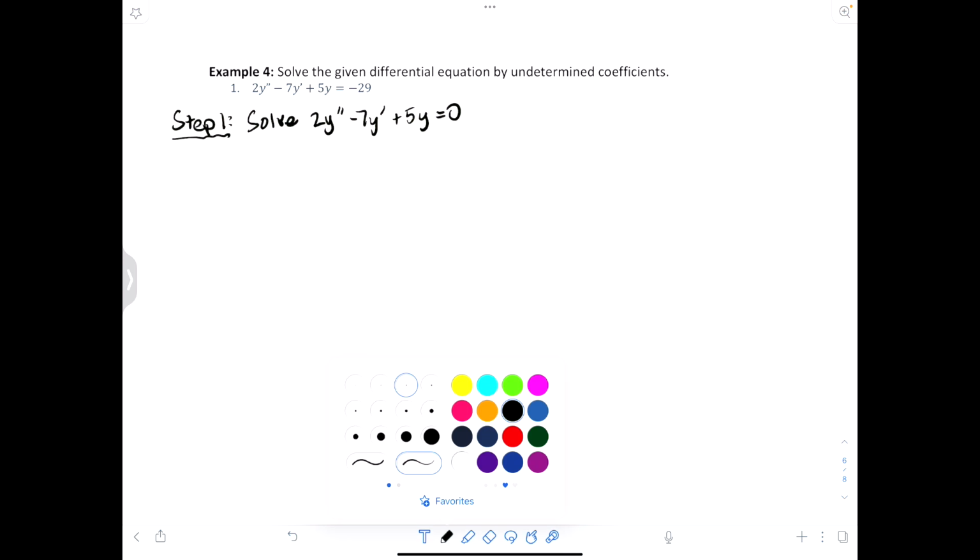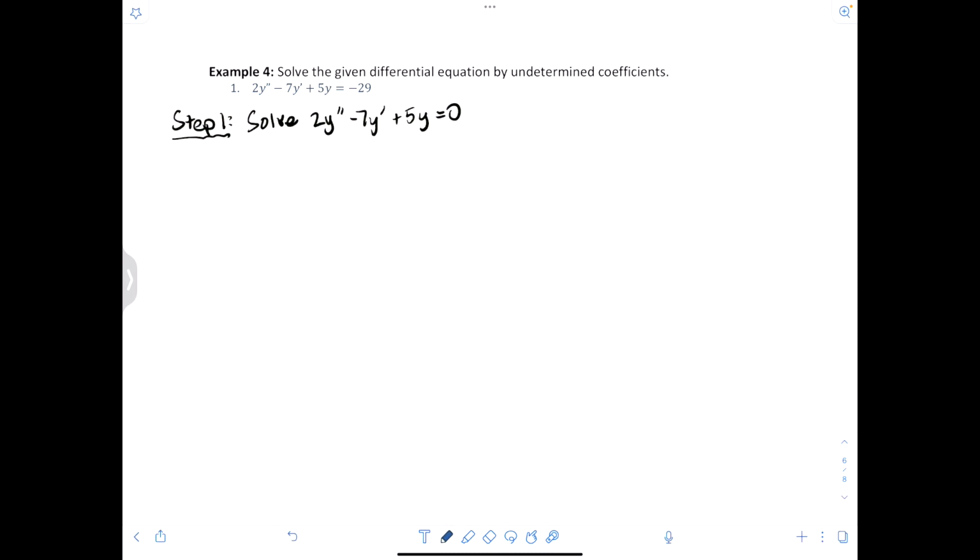This will give us our complementary solution, our yc. So what do we do? Well, remember from section 4.3, we can write this as 2m squared minus 7m plus 5 equals 0. Well, will that factor? Let's check it out. I bet it will.